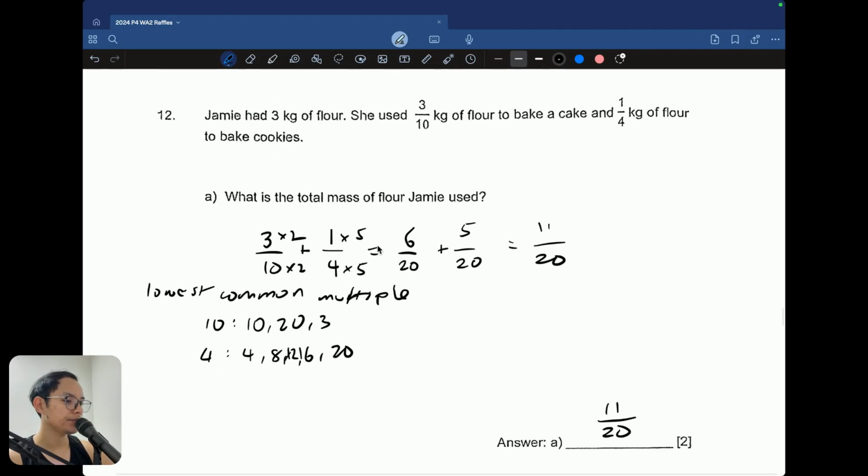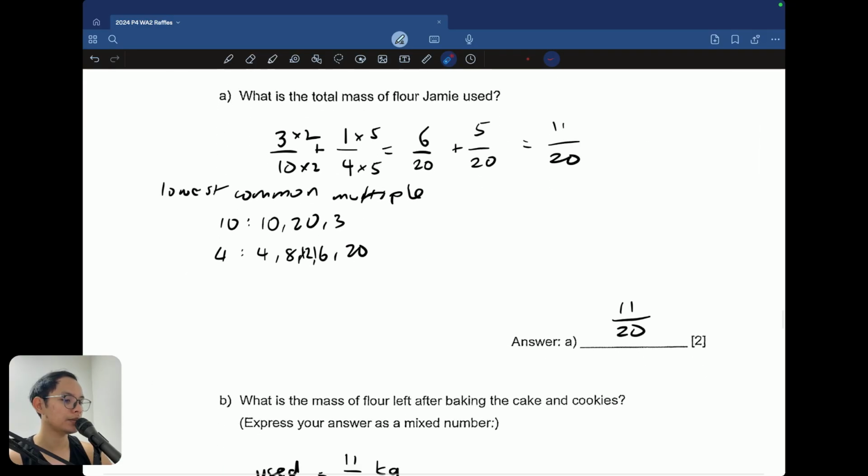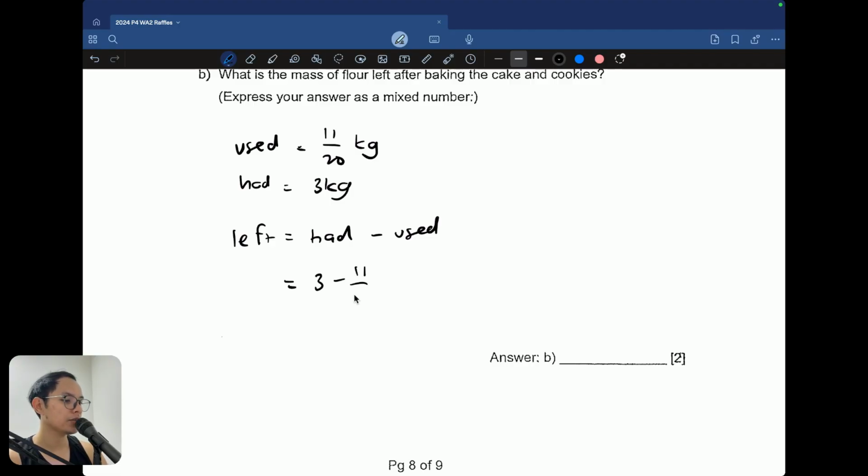And then we had 3 kg of flour. So what's left is basically the 3 kg we had initially minus what was used. So basically 3 minus 11 out of 20.